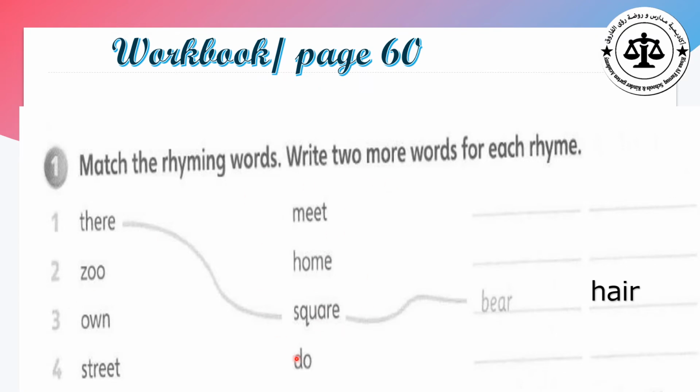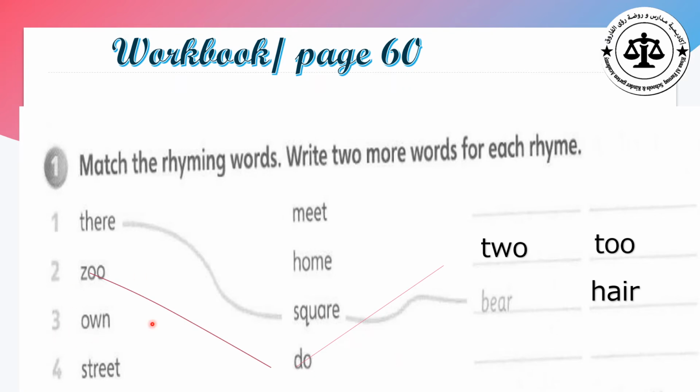Okay. Zoo. Which one is this with the same rhyme like zoo? Is it meet, home, or do? Excellent. This is do. Give me other examples with the same rhyme of zoo and do. Yes, to or two.